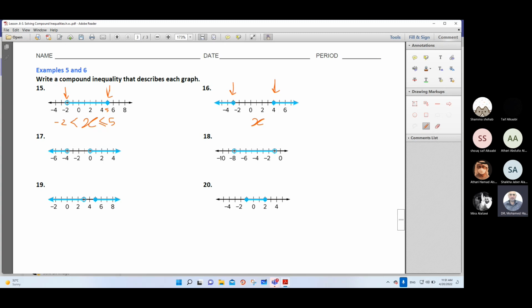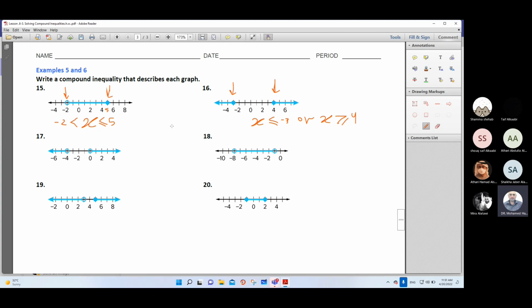So the direction here to the negative side means we can write x less than or equal to the value here, -3, or the direction here to the positive side means we can write x greater than or equal to the value here, 4. So this is the compound solution.